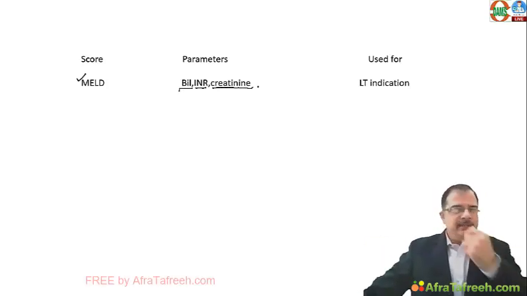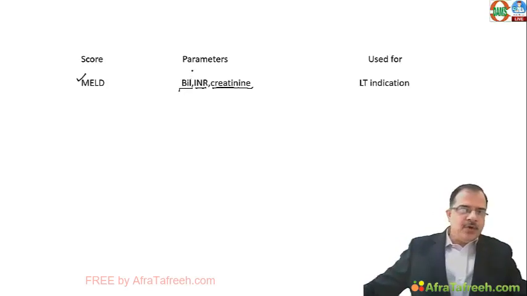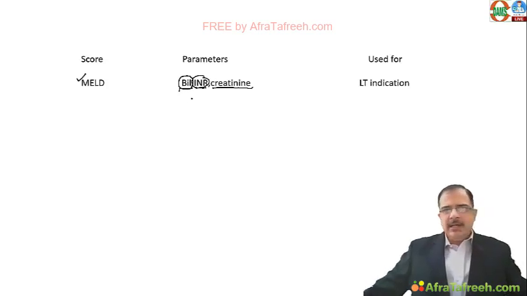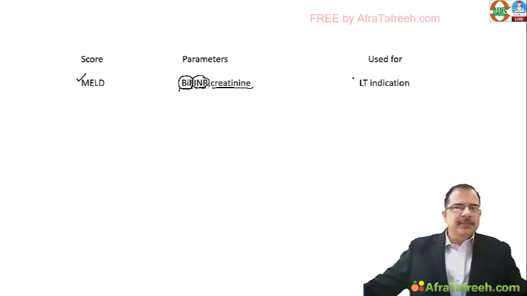How to remember these parameters? Just remember the common parameters are bilirubin and INR, which are used in every scoring. Here creatinine is a different marker, and it is used for liver transplant indication.